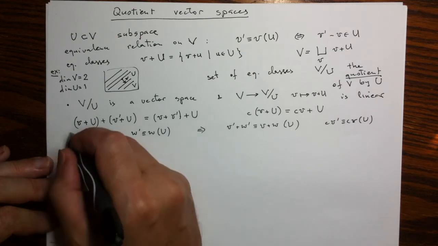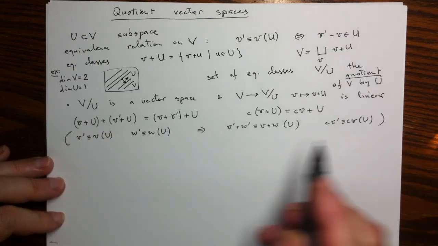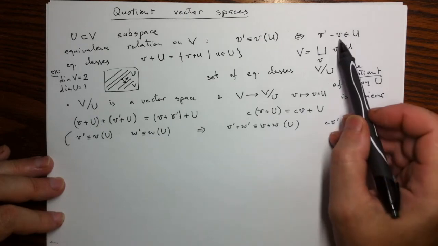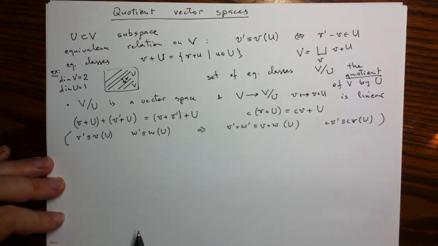So that is what it takes to have these two properties. Again, they're equivalent, and these are easy to check. You could just use the definition and the property of the subspace U to verify them.